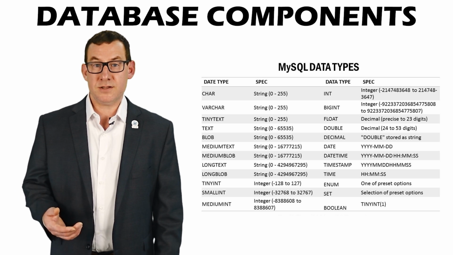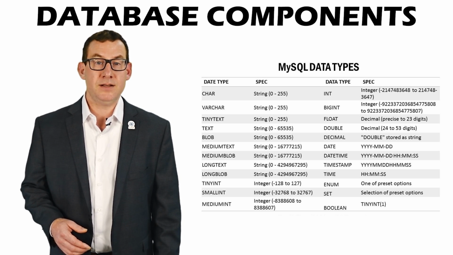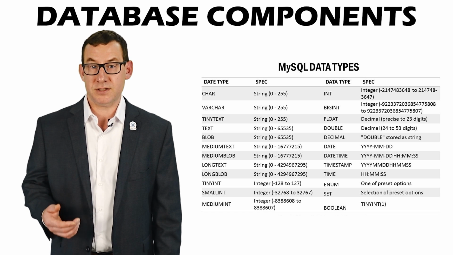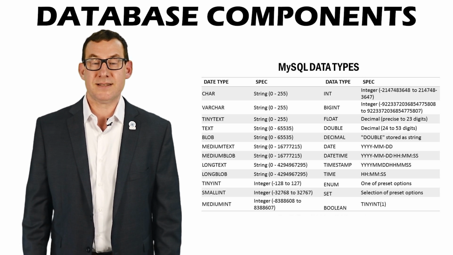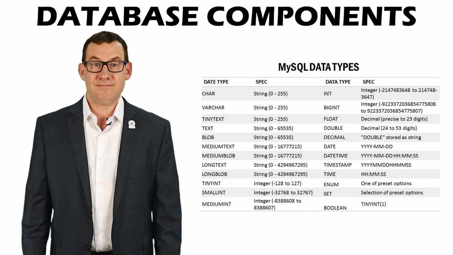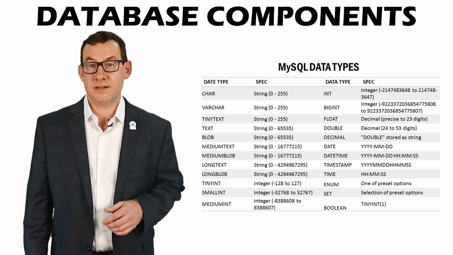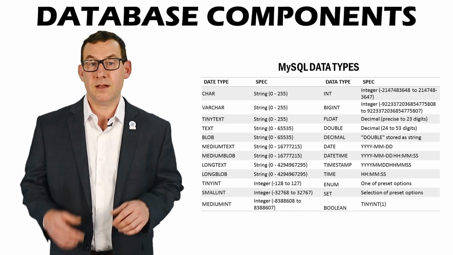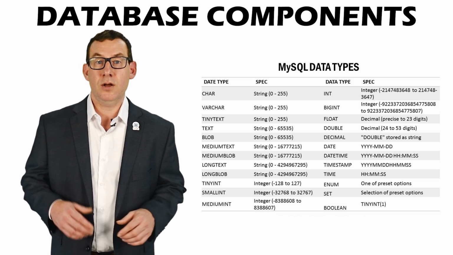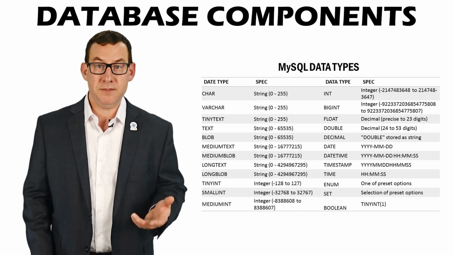Global identifiers store registry-style strings consisting of 36 characters enclosed in curly brackets. Geometry fields store spatial data such as point, line, polygon, multi-point, and multi-patch shapes.